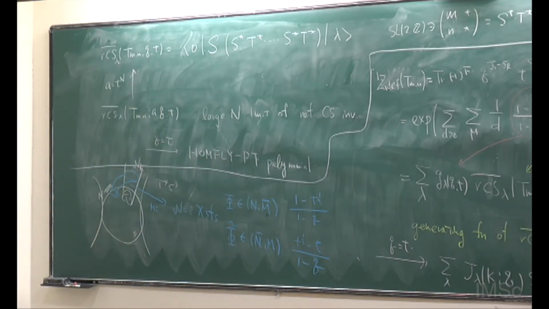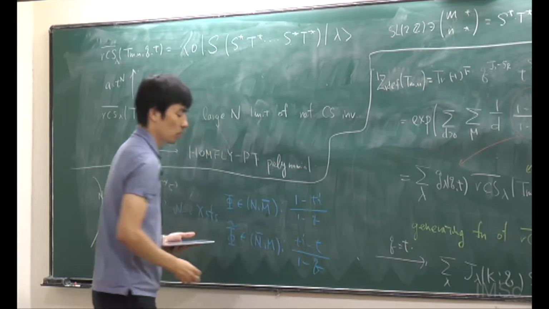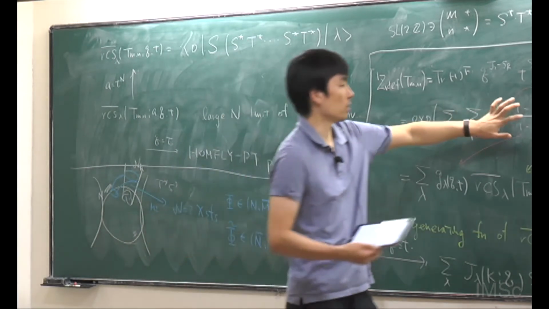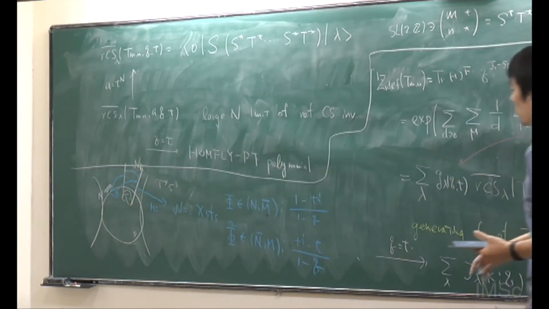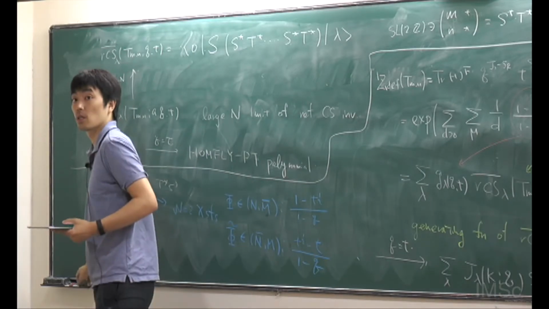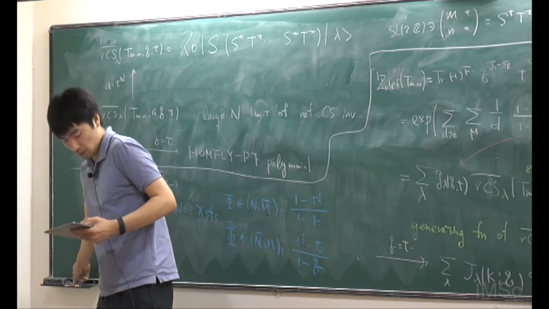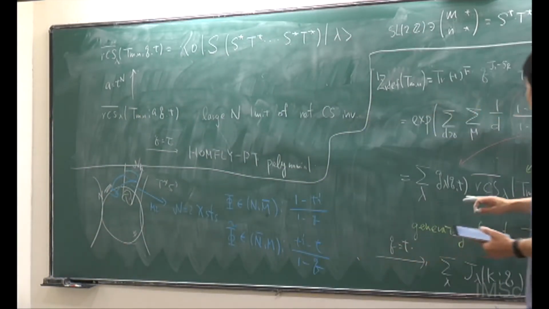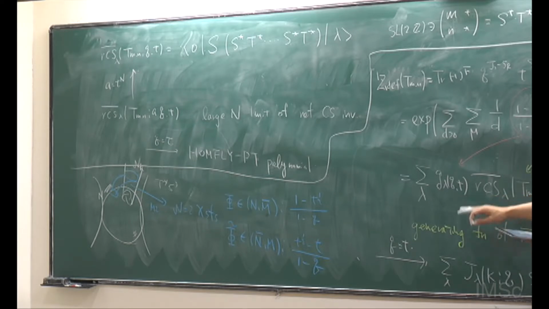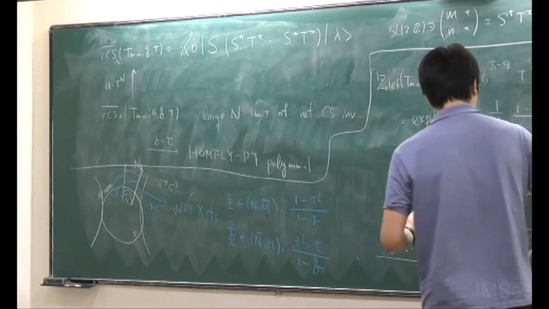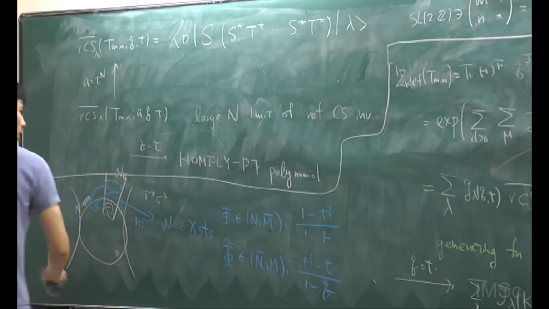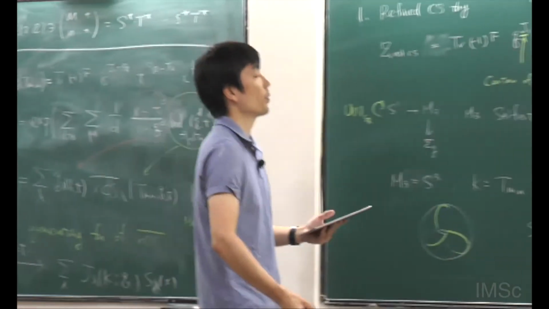So what you get is this contributes to the single letter partition function, this one and this one. If you sum them up, what you get is this part. Okay, so therefore, this is the generating partition function of the deformed conical side. And let me explain to you how you compute.